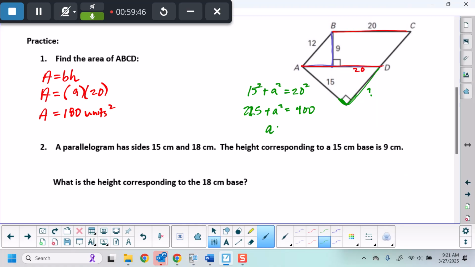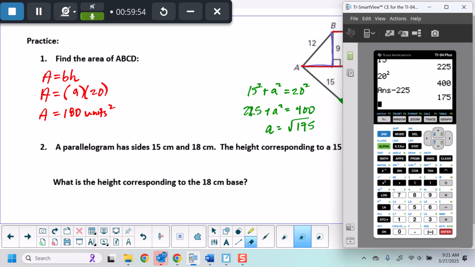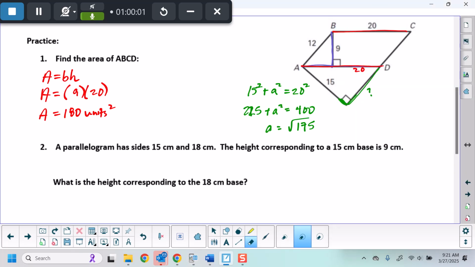So my a is going to equal the square root of 175. How many times does 25 go into 175? 7. So we're going to instead call that A equal to 5 roots of 7. So I know this side is 5 times the square root of 7.